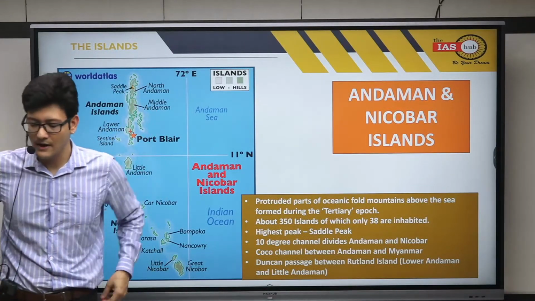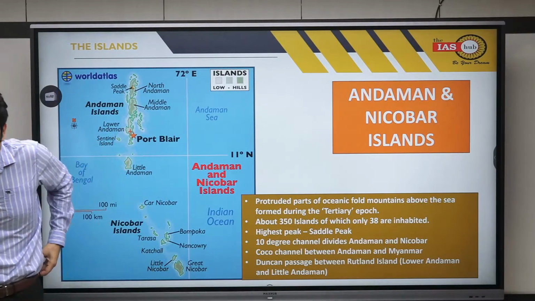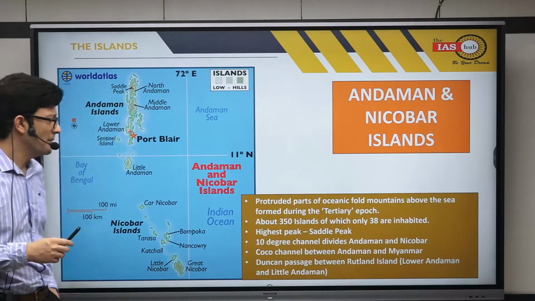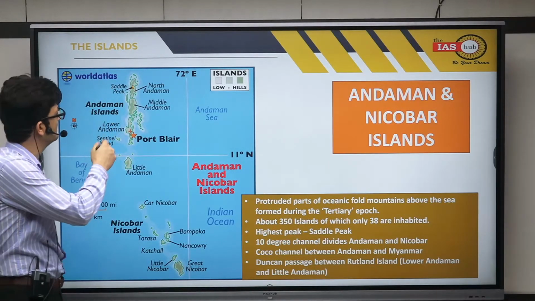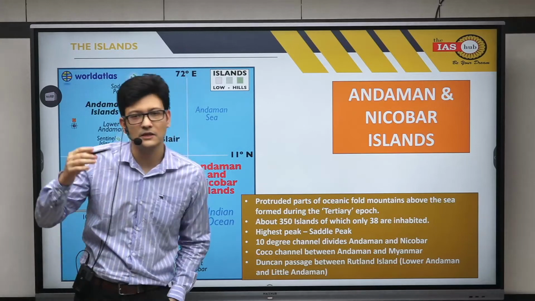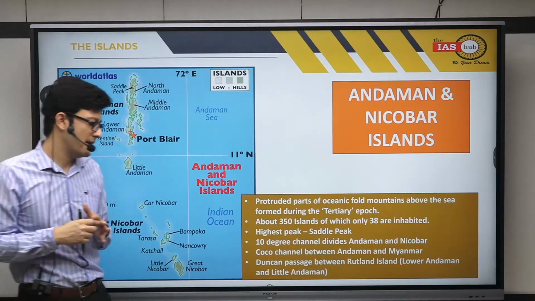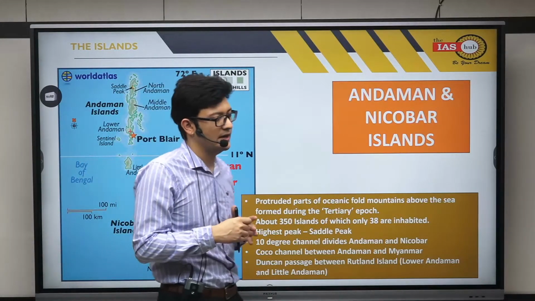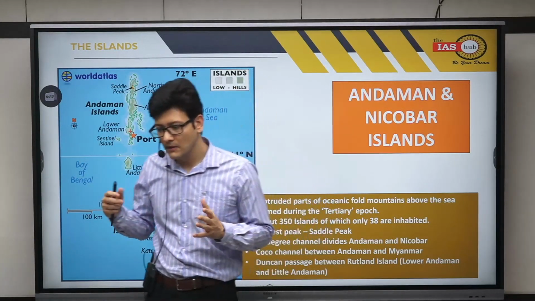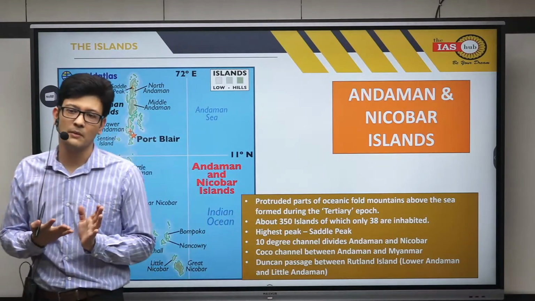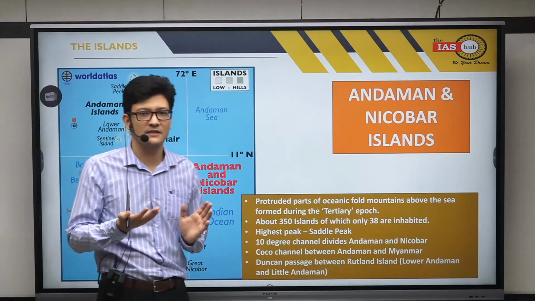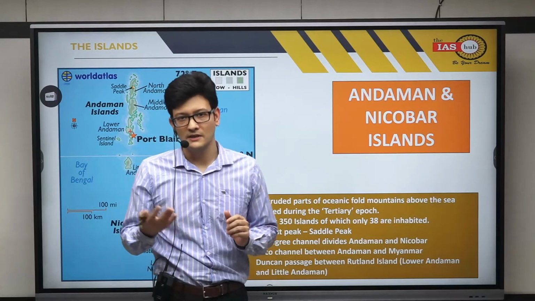The Andaman and Nicobar Islands lie in the Bay of Bengal region. The physiographic conditions of these islands are such that they were created due to the mountain building activity which happened inside the sea, inside the Bay of Bengal region.